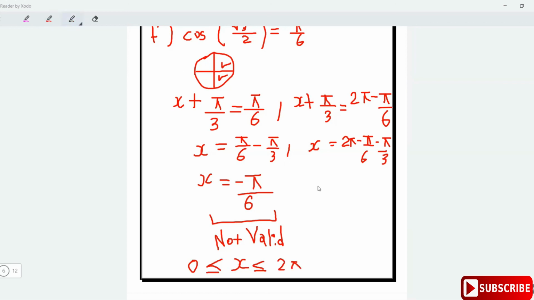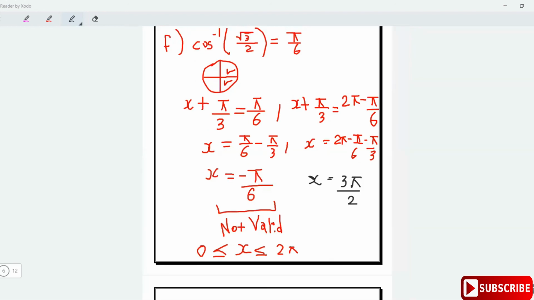Over here, what we're going to get is x equal, we work this out, 2 pi minus pi by 6 minus pi by 3, and you get 3 pi by 2. That's the answer. That takes care of part F. Nice and easy.